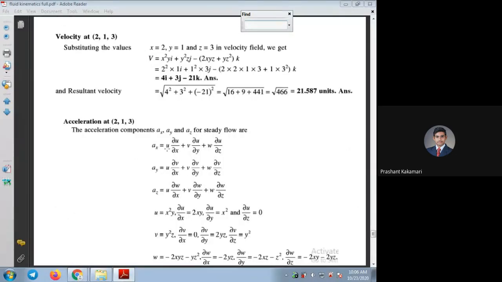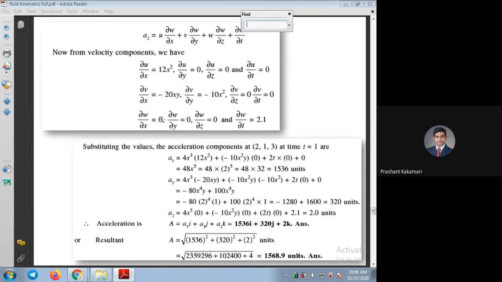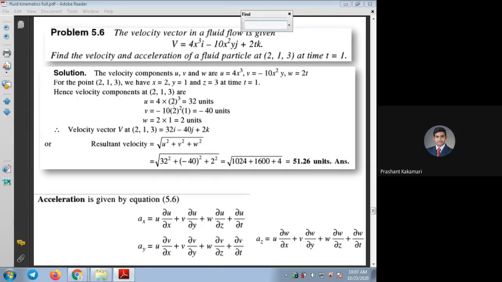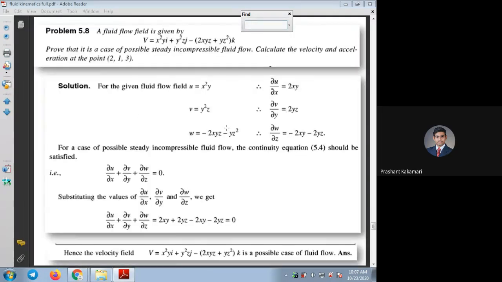So I think, correct, we started with this problem. This we have completed, I think, up to that point. Okay, you can note this down.